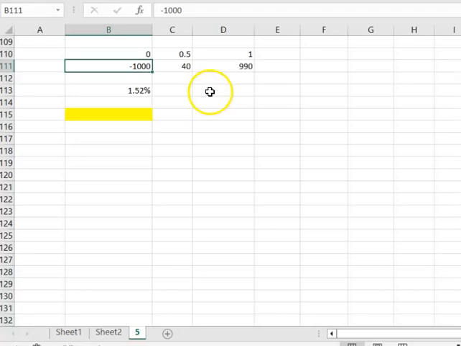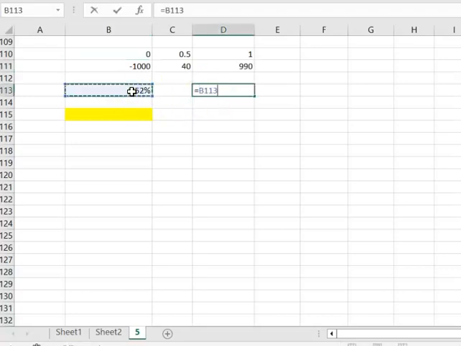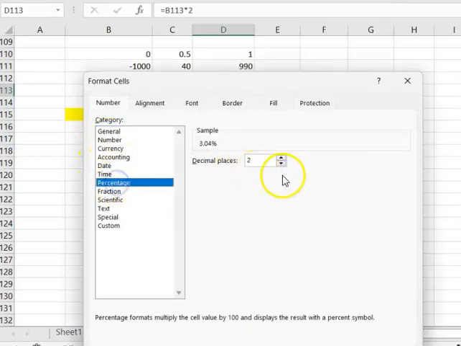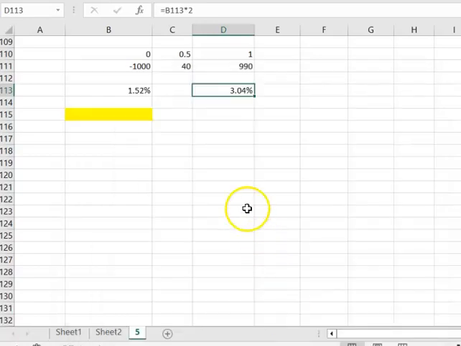So what if I want the annual one? Okay. This times 2. So it is the annual.